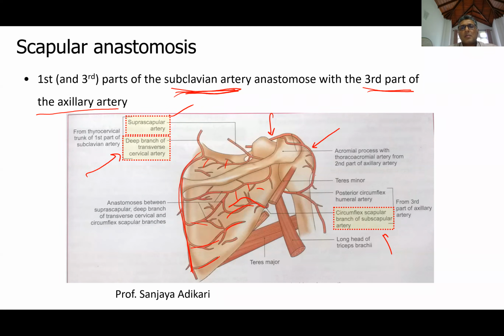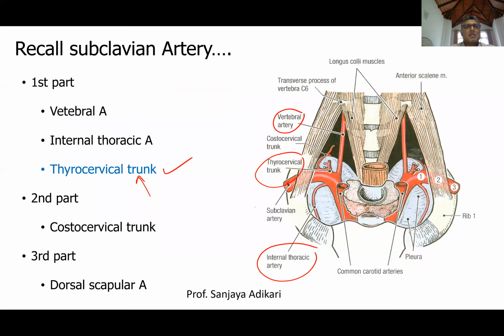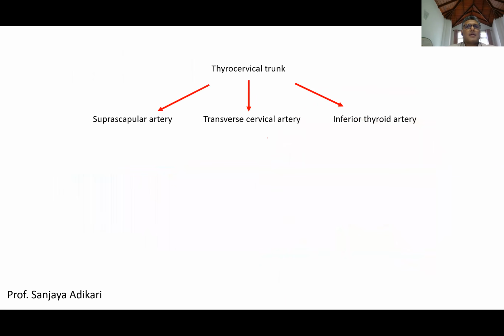Then you get acromial branches from the posterior circumflex humeral artery, again from the third part of the axillary artery. All these acromial branches from the suprascapular, thoracoacromial trunk and posterior circumflex humeral anastomose and form another collateral circulation between the subclavian and the axillary artery.